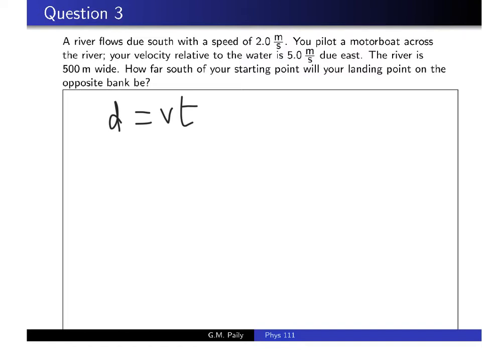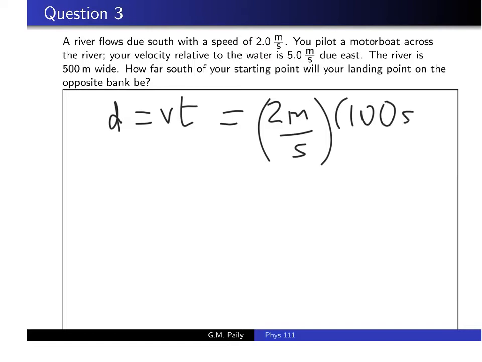But this time we are concerned with the north-south component of the velocity, which, if you remember, had a speed of 2 meters per second. We drift for 100 seconds, and so we end up 200 meters south of our starting point.